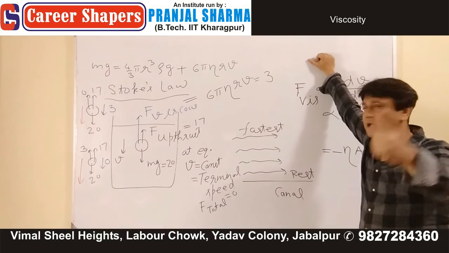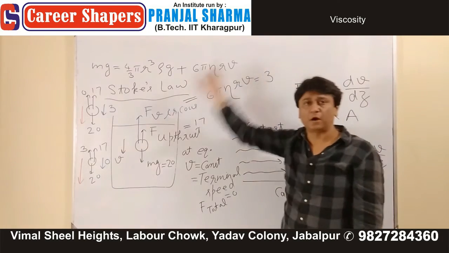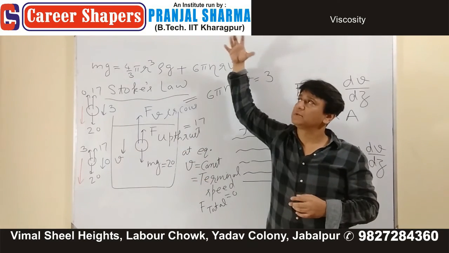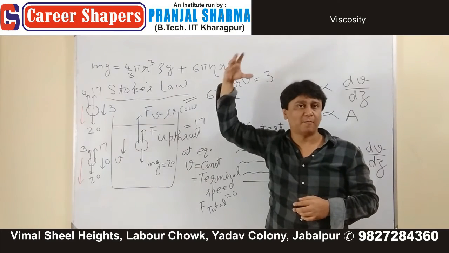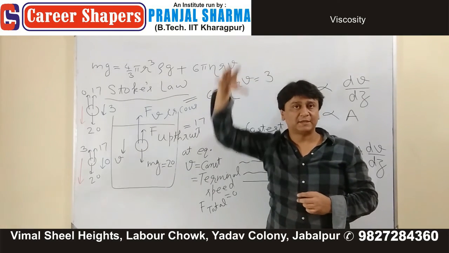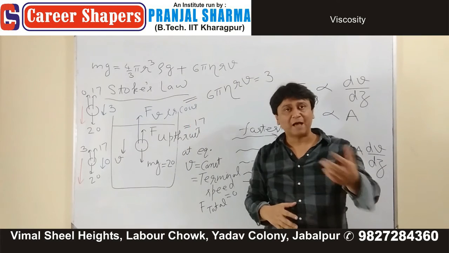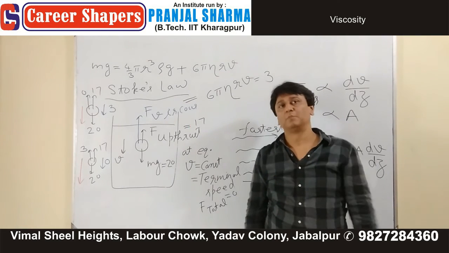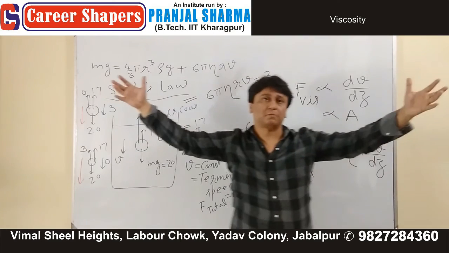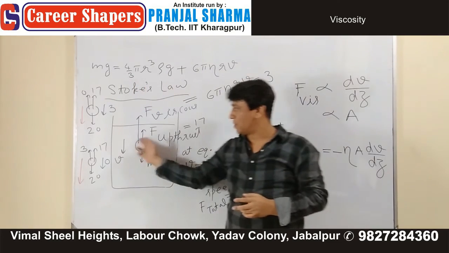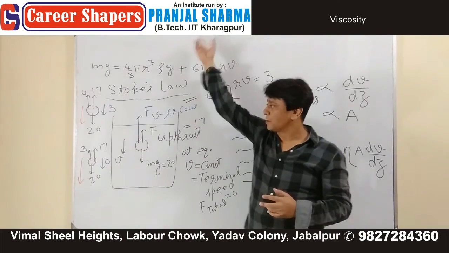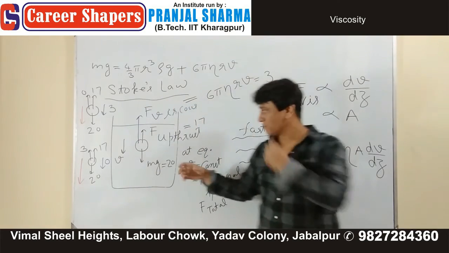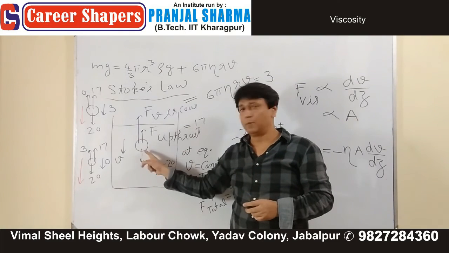Now, first, they'll ask you a simple thing. If you drop anything, not inside a liquid, just talk about a parachute. So when somebody jumps with the help of a parachute, then as he is coming down, does it happen that speed is continuously increasing? Answer is no. That parachute is like this ball. The whole parachute and the person attached to that parachute, it's like a ball.